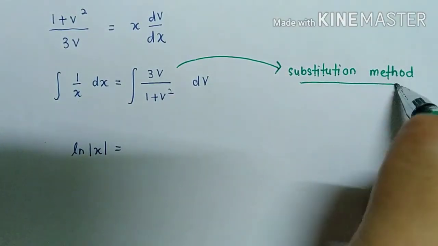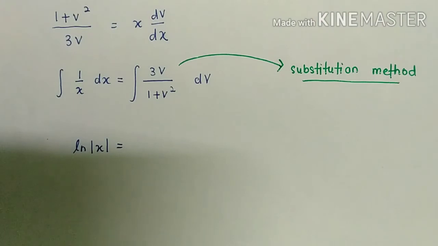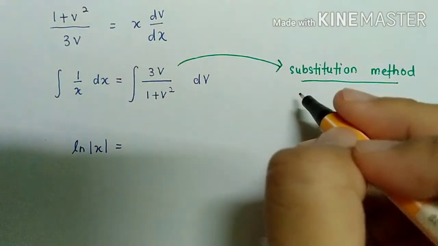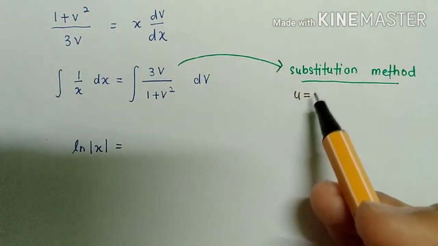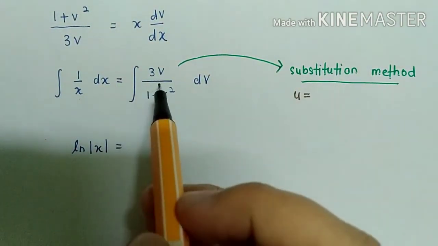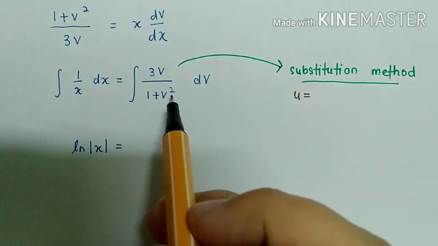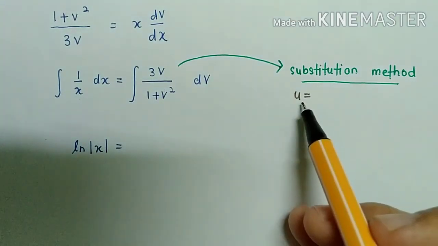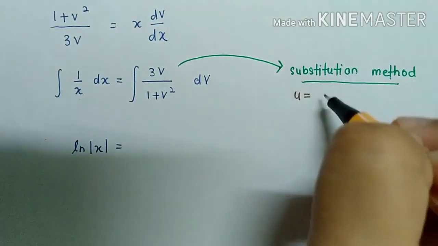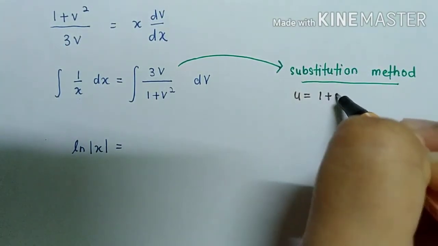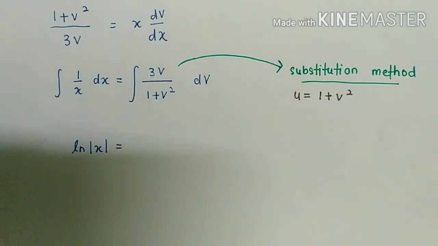Okay, so for the substitution method, we must first have u. For this function 3v over 1 plus v squared, the u is the denominator. So we have u equals 1 plus v squared.